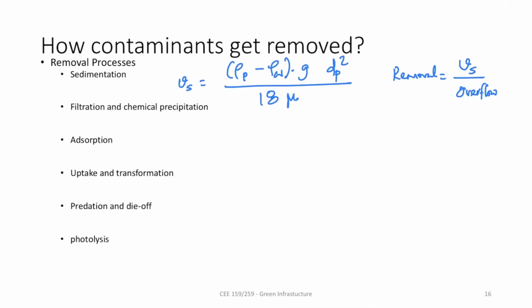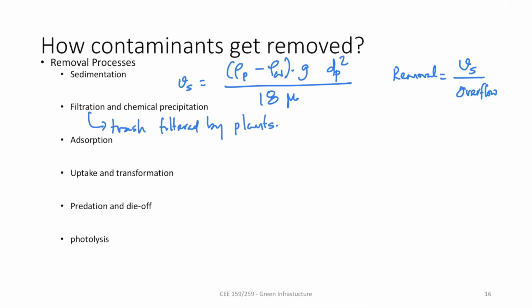Then next is filtration. Filtration is basically, if you have plants, they can remove a lot of trash. That's why you can see that many large plastics can be filtered by the plants. So this one is trash filtered by plants.